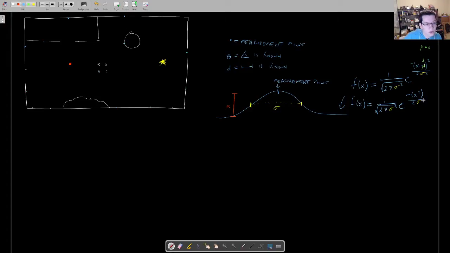Now the value, I'll back up. So this is the center where the measurement point was taken. And somewhere out here is d. So this is our robot.